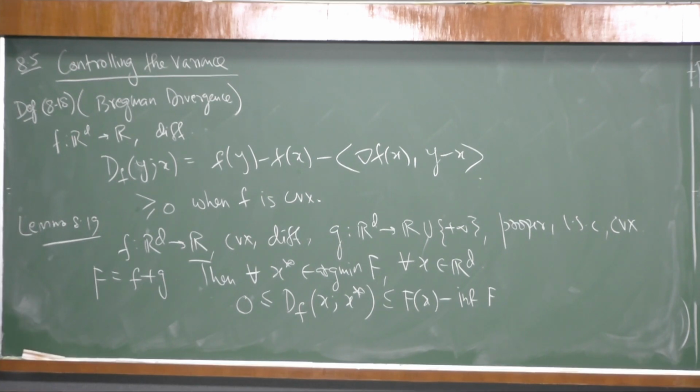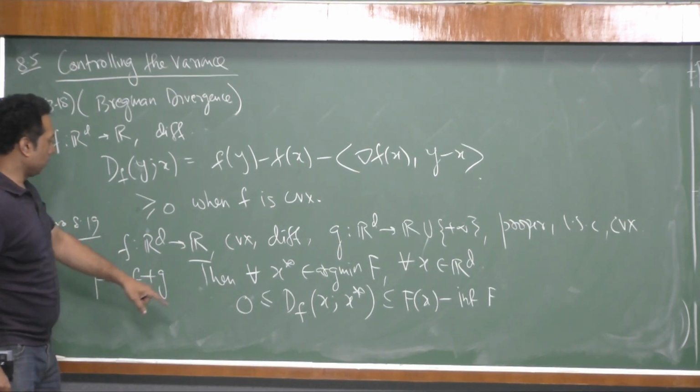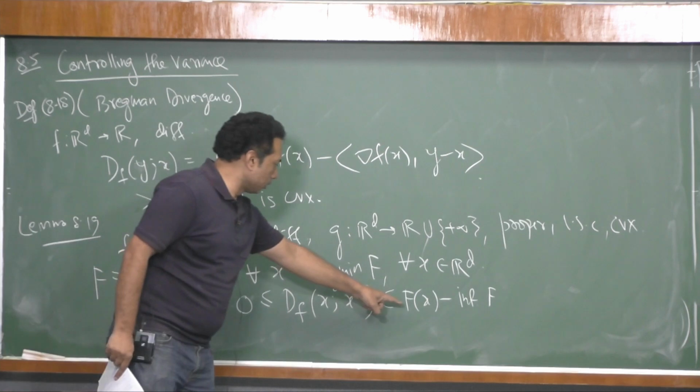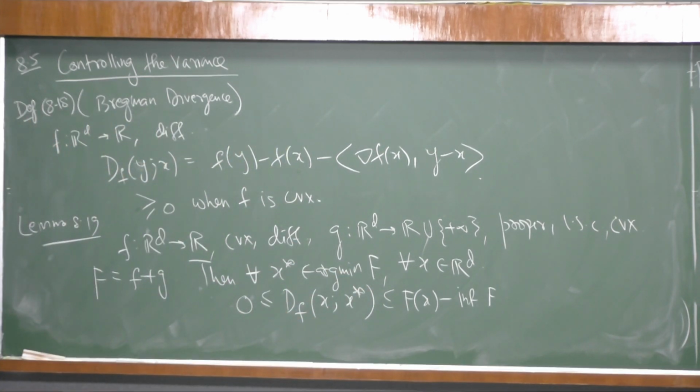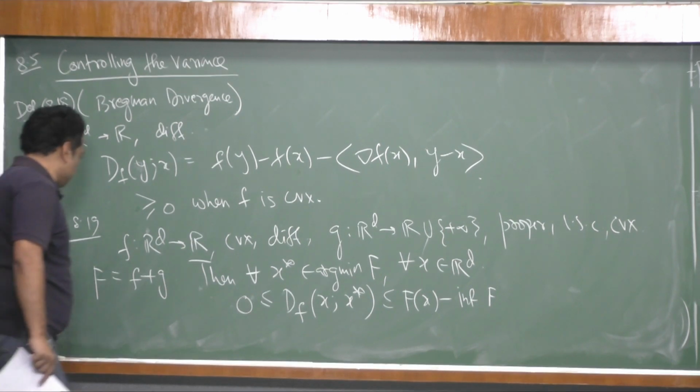That we knew already from convex analysis, and then what we wanted to know was whether there is an upper bound, and there is indeed an upper bound. Let us try to prove this.